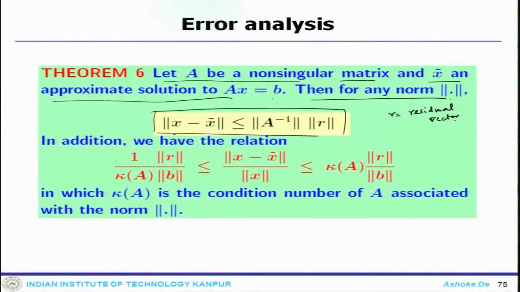Now, we have the relationship that 1 by condition number of A times norm of R over norm of b is less than or equal to this, where K is the condition number and the norm is associated with A.